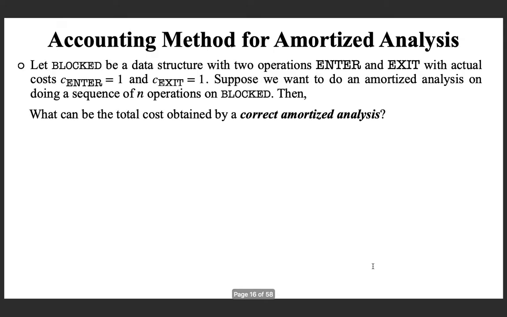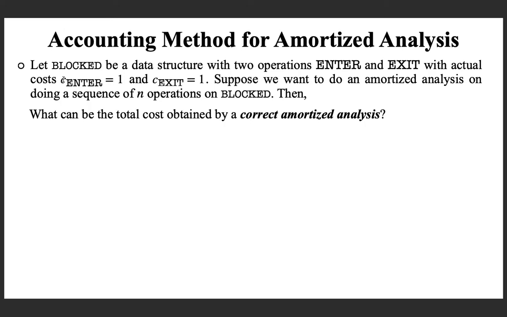Now we can see what this method says when we use the accounting method for doing amortized analysis. How will you do that? Let us try to understand the accounting method using an illustrative example. Let Block be a data structure with two operations, enter and exit, with actual costs 1 and 1 respectively.